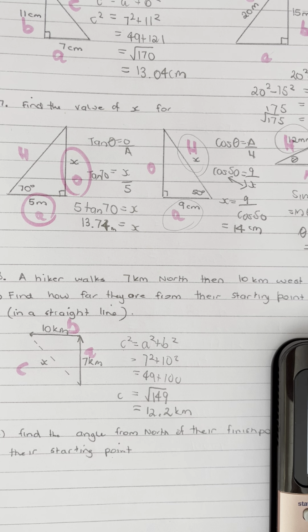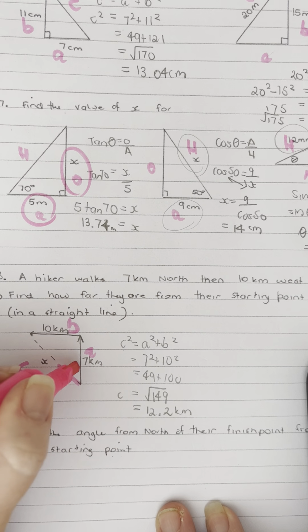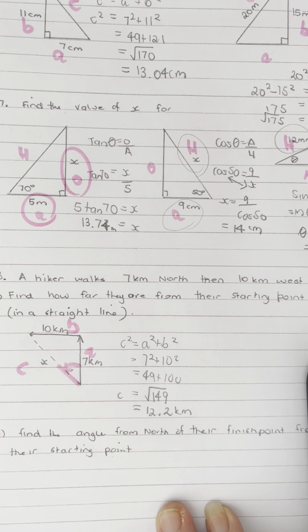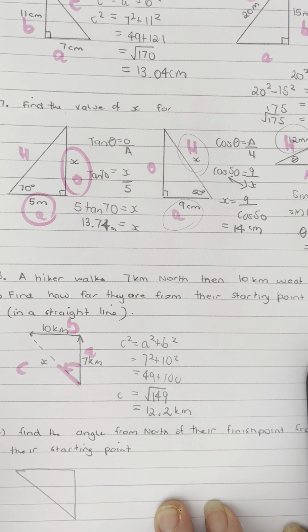Now the next one says find the angle from north of their finish point. So that means we want this angle here. So when we do this question, we could use the measurement we've already worked out, but because you could have then a carried error, it's better to use the values that you've got if you can.